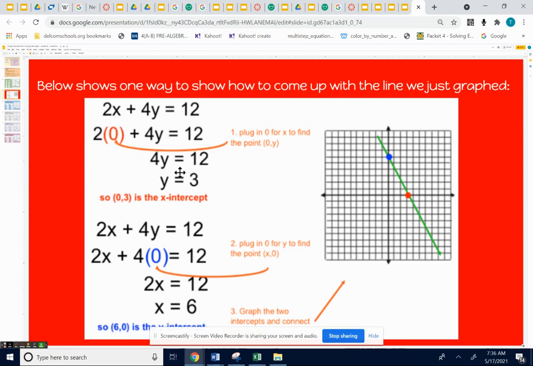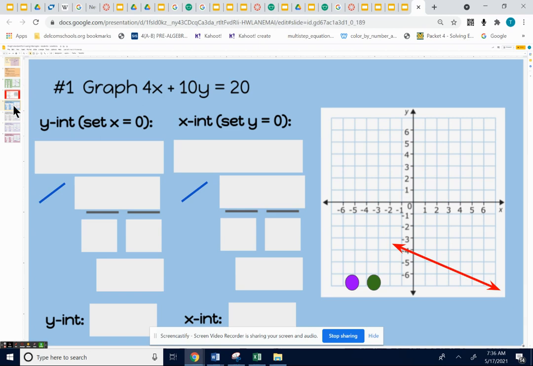When you put 0 in for x, you're going to get a y-intercept. When you put 0 in for y, you're going to get an x-intercept. There are some mistakes on this slide, so let's just ignore that for now. I'm going to take that off actually. Let's just do a different problem.